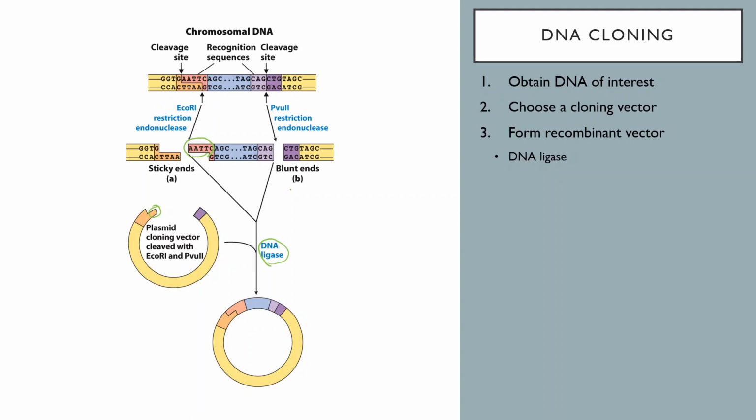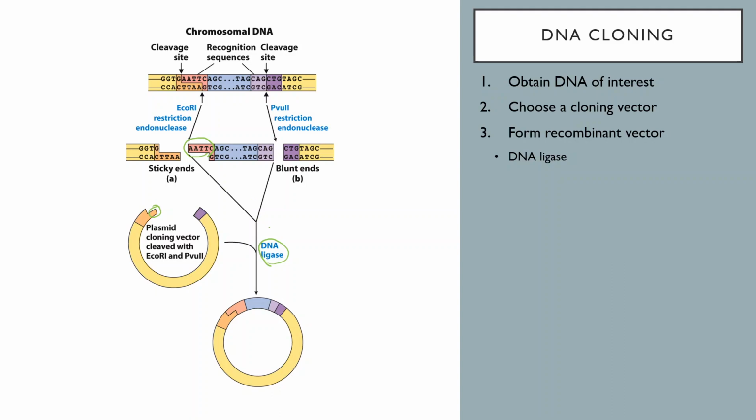In fact, that's one way to remove restriction sites from a plasmid or from a DNA of interest: cut both of them with different blunt end restriction enzymes, in which case the palindromic sequence would be gone. But in any case, whatever enzyme you use, DNA ligase will recognize the free ends and attach them together.